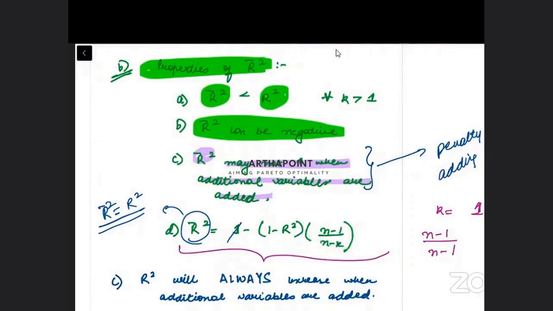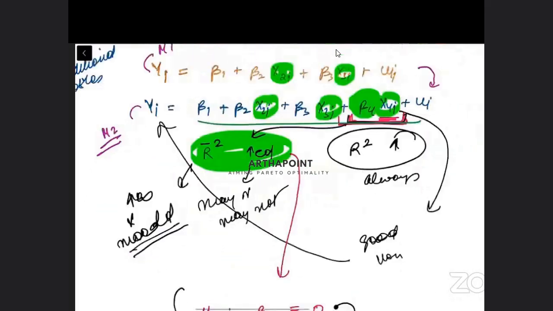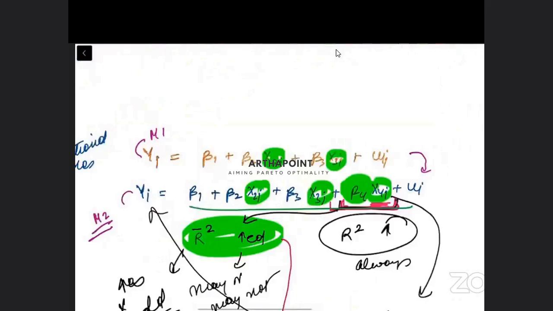Then next come to r square. R square will always increase. Whenever you add a variable, r square will always increase. What was r square? It was telling how jointly the x's explain the variation in y. So r square definition is how jointly x's explain y.